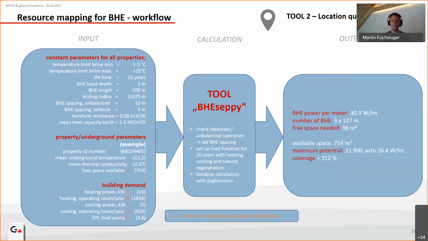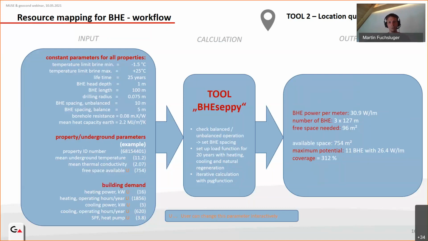So what's the output of the location query? We already saw this: how much power per linear meter. In this case, it's 30.9 watt. And you need for this building demand 3 borehole heat exchangers with 127 meters, which needs a free space of 69 square meters.